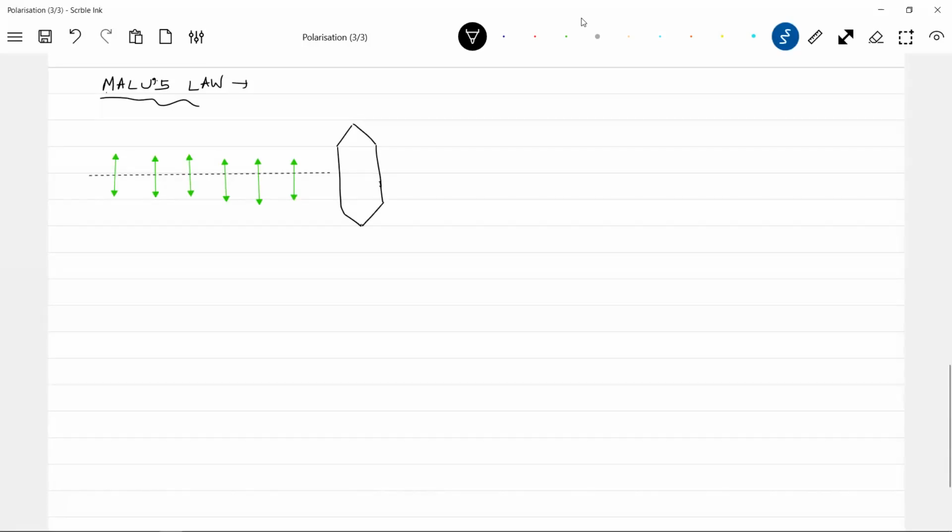This is just a diagrammatic representation, don't think that the polarizer will be like this. I am making it clear. Polarizer, and there's a pass axis.